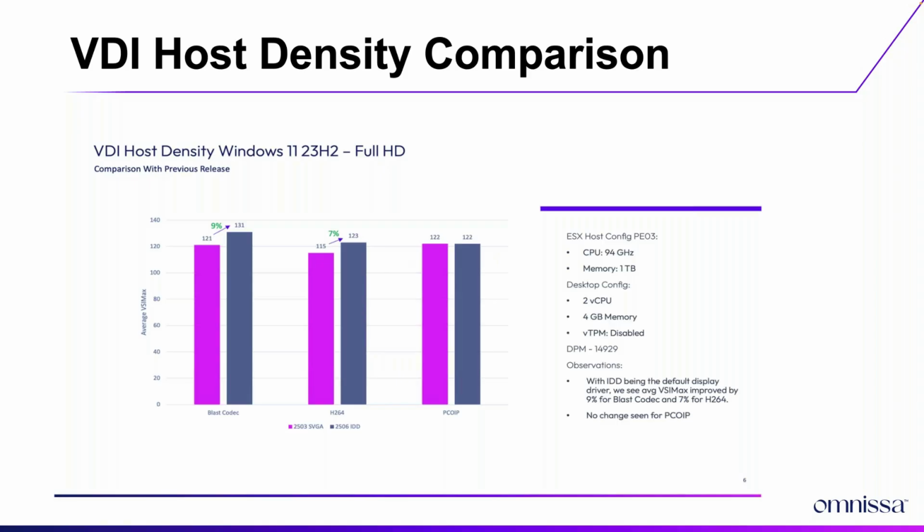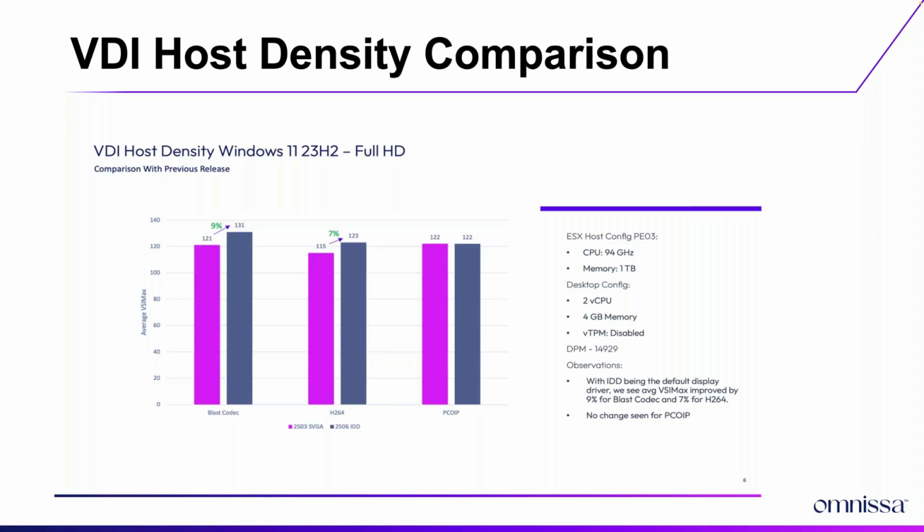So we're using these three columns. First one is BLAST, using the BLAST codec, which, like I said, is our homegrown codec, which is kind of a general purpose codec. And then we've got H.264, using the built-in chips. And then the last set of bars is PCoIP.